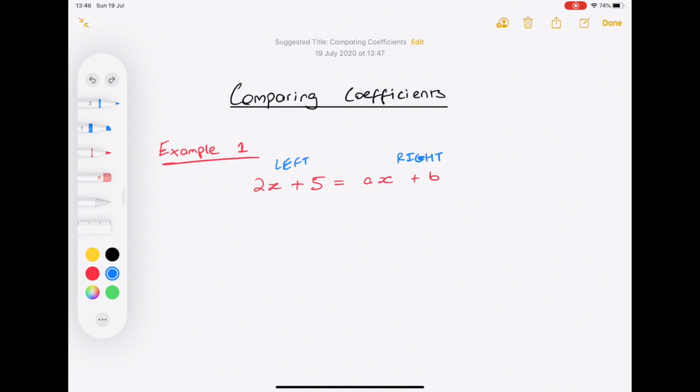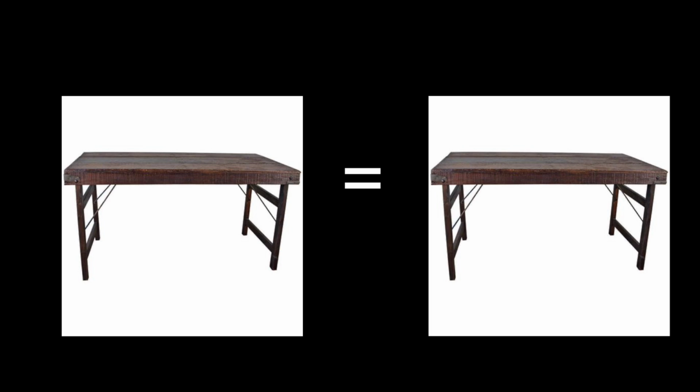So let's start by talking about this equal sign in the middle. Let's say you're selling apples and bananas and you have 2 tables, and you want to keep the same amount of apples and bananas on each table. You want to have the same amount at all times: the same amount of apples on both tables and the same amount of bananas on both tables.